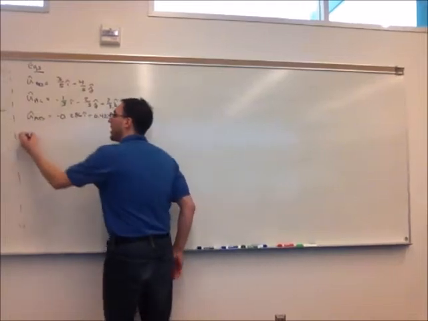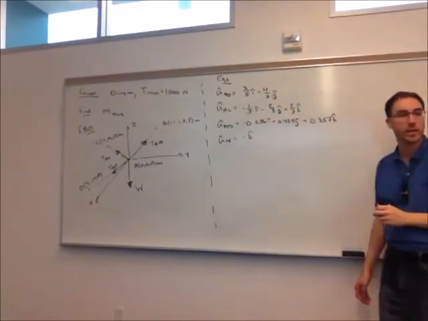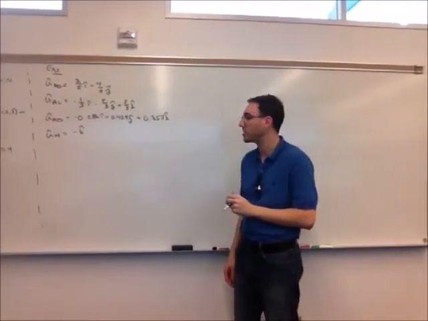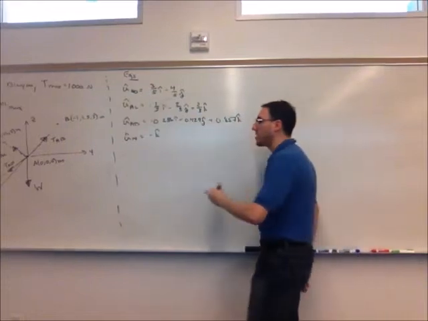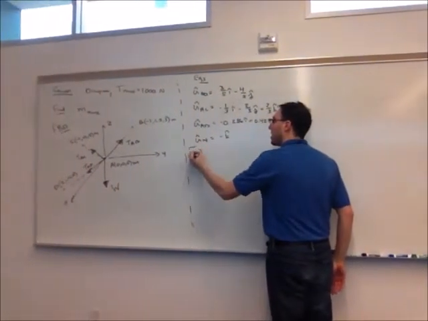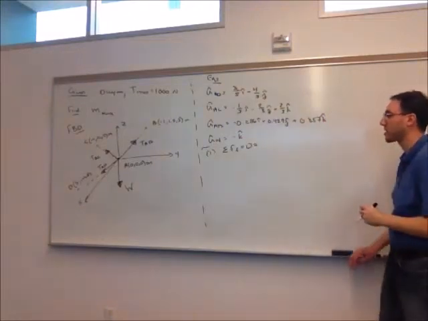And we can also put that u hat W, again, negative k hat, just so we make sure we include it in our equilibrium equations. All right, so unit vectors, this makes the next step easier, just like we saw before. Sum of forces in x are 0, so what are the sum of forces in the x direction going to be?